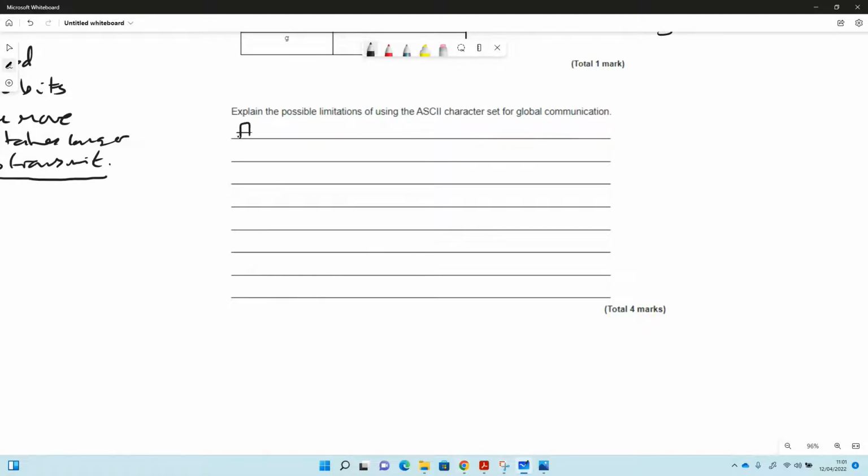So let's say that ASCII uses 7 bits, so has a limit of 128 characters, which is probably a good thing to start off with.